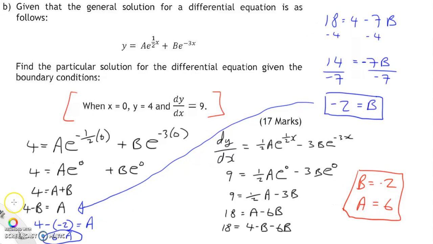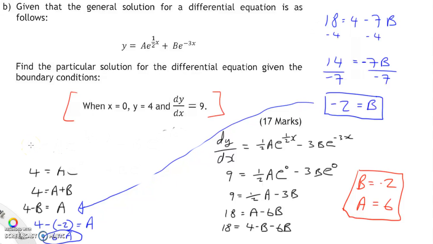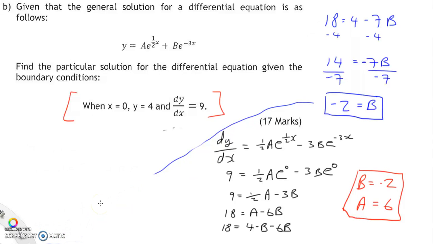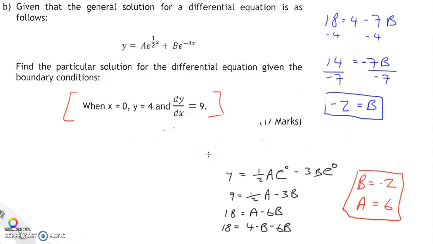Right, and now we just need to write out our answer. I mean, we're 90% done there now. So I'll just make a bit of space here. Rub off that stuff.